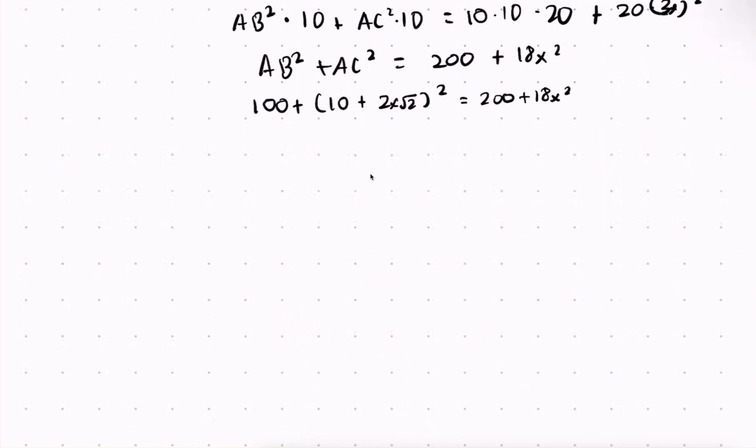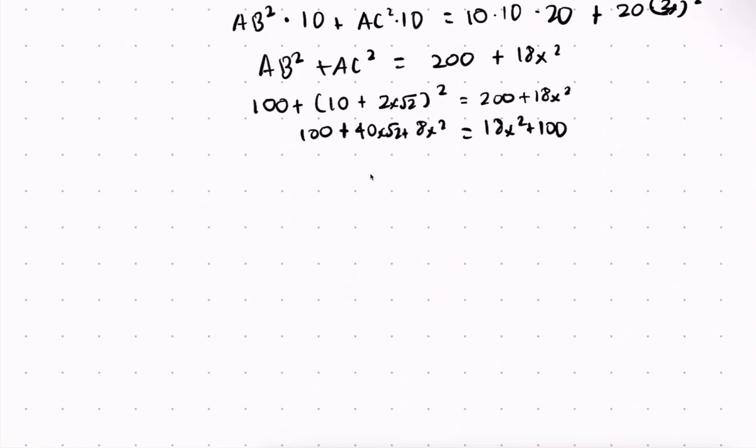And now we can just solve this easily, right? This gives us 18x squared plus 100 is equal to 100 plus 40x root 2 plus 8x squared.